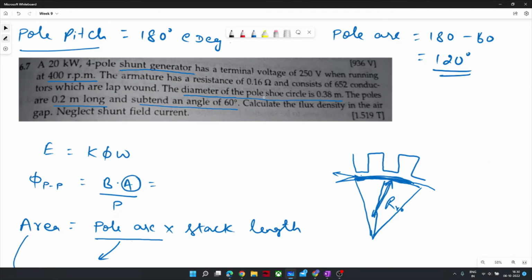So we can compute from that concept. E is equal to Z phi N by 60 into P by A. And since it is lap wound, the parallel paths are equal to the number of poles. So let me write it.